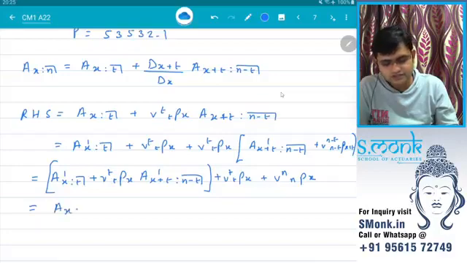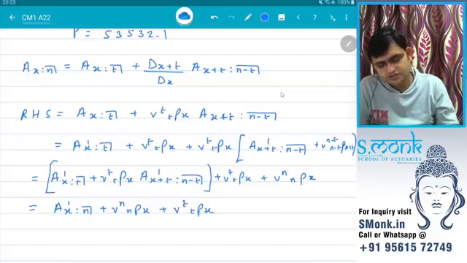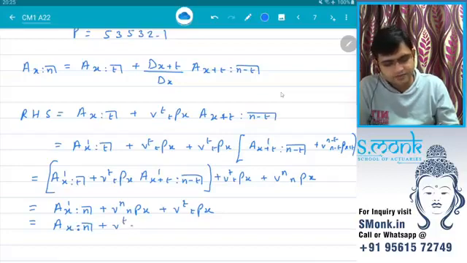Here we'll just write this is AX dash N plus V raised to N NPX plus V raised to T TPX, and this becomes AX N plus V raised to T TPX. So clearly they are not equal.